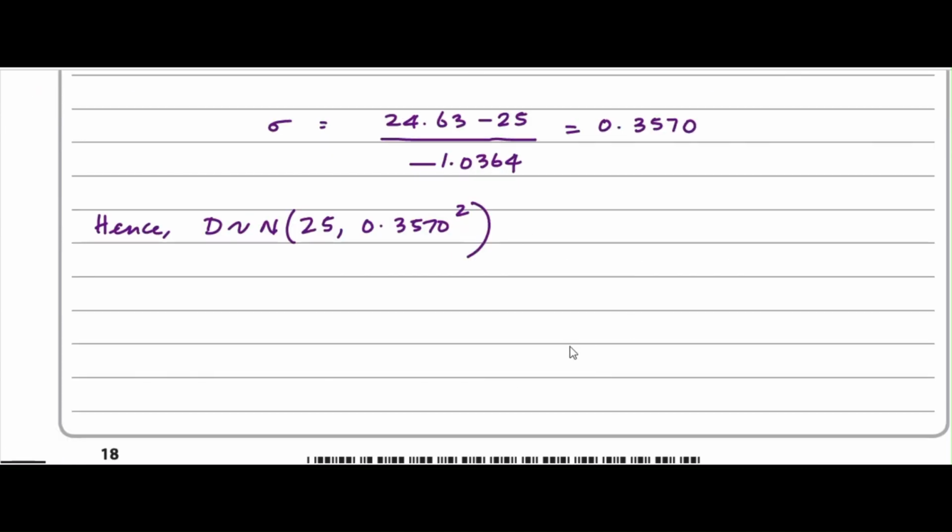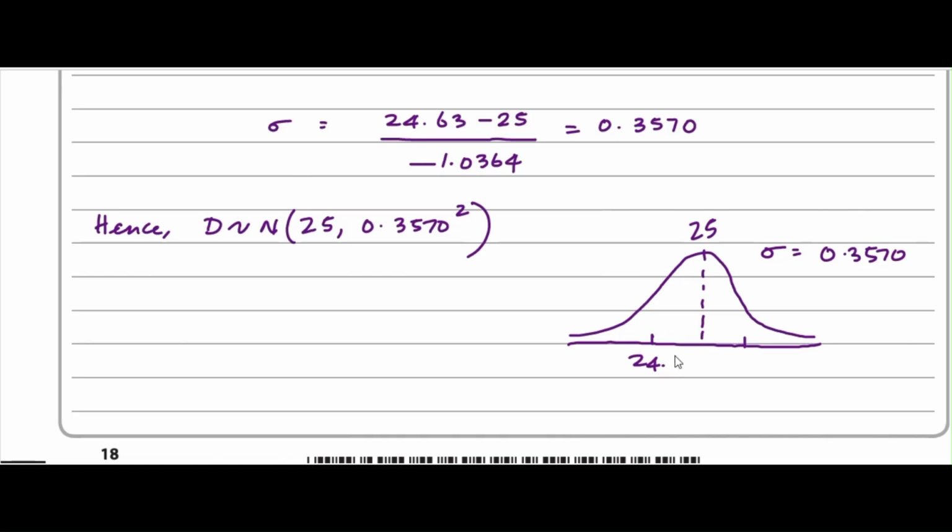So if you draw the normal distribution curve here, the median, or mu, is 25, sigma is 0.3570, and here and here there are two values. This is 24.63 and this is k.